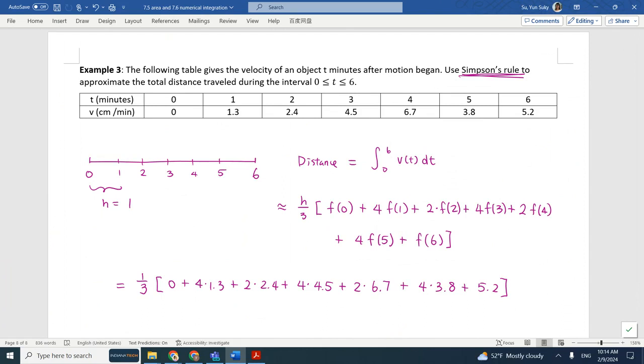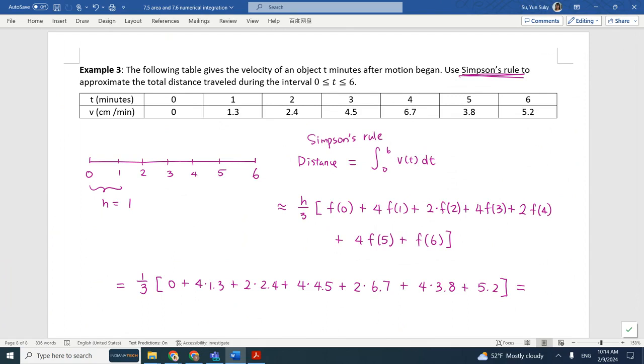Yes, plug this into your calculator. What do you get? This is Simpson's method. Everybody put this in your calculator.